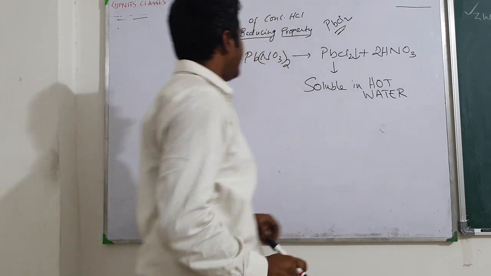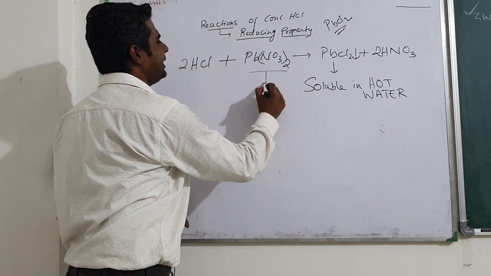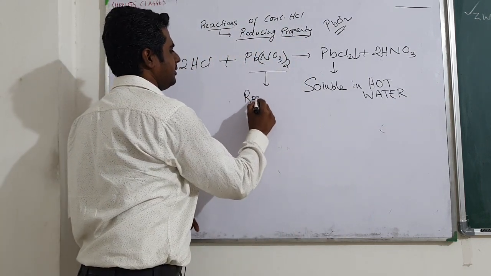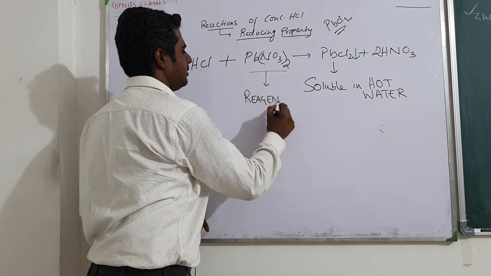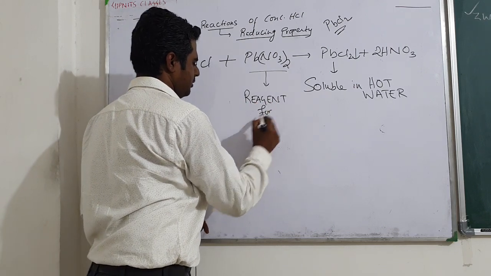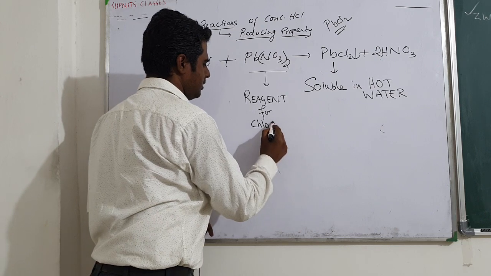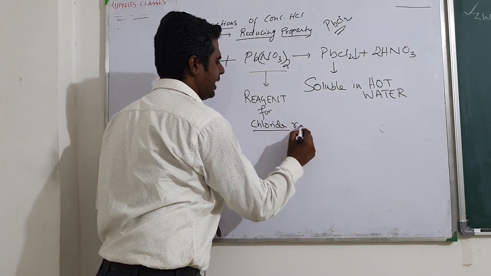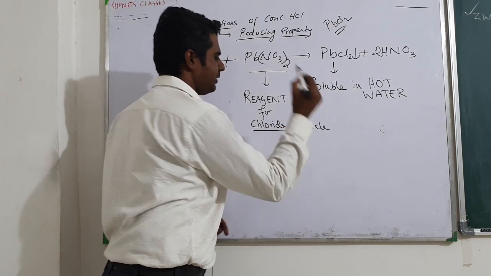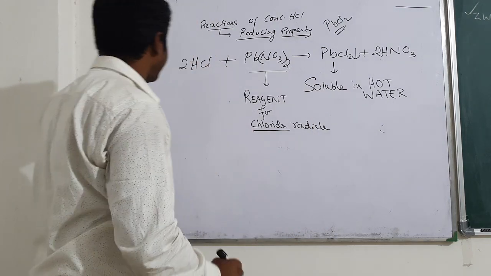So basically Pb(NO3)2 is a reagent for chloride radical, for identification of chloride radical.